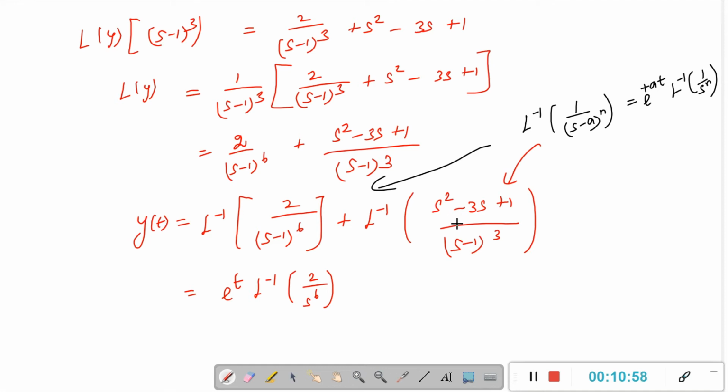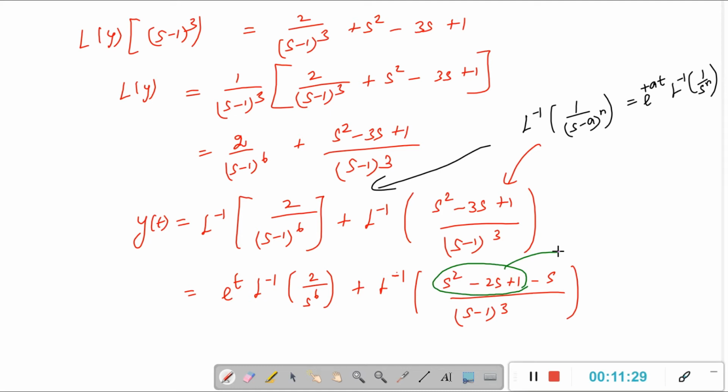So for that, I am going to rewrite L inverse of s square minus 2s plus 1 minus s divided by s minus 1 whole power 3. You can apply the formula a minus b whole square here. So s square minus 2s plus 1 is s minus 1 whole square. So instead of this term, I am going to apply that.